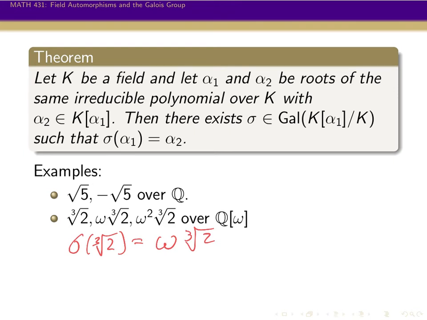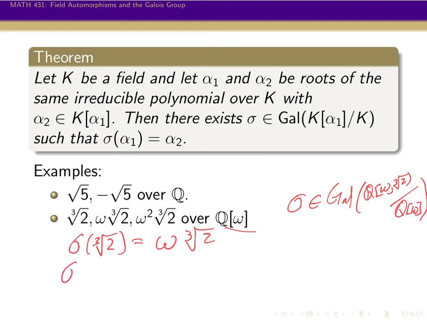Well, this sigma here is in the Galois group of, so our K here is Q adjoin omega, and so this really is Q adjoin omega cube root of 2 over Q adjoin omega. Okay, and so the sigma fixes all the elements of Q adjoin omega, so that means that it fixes all the rational numbers and also anything with omega, but it doesn't fix the cube root of 2.